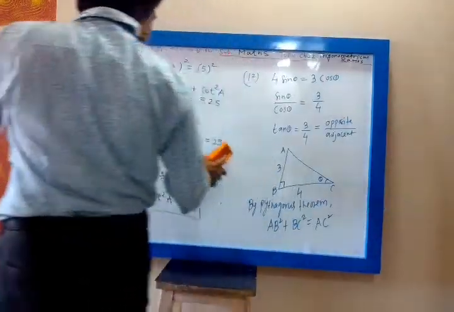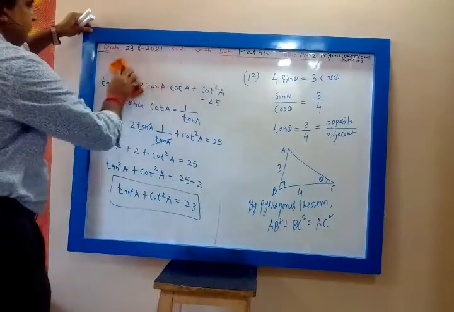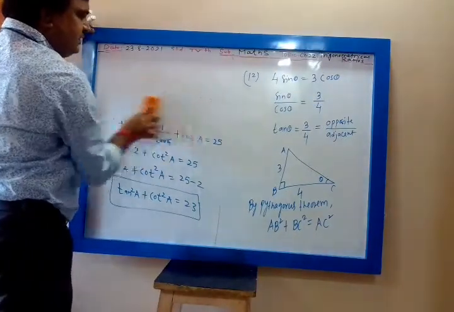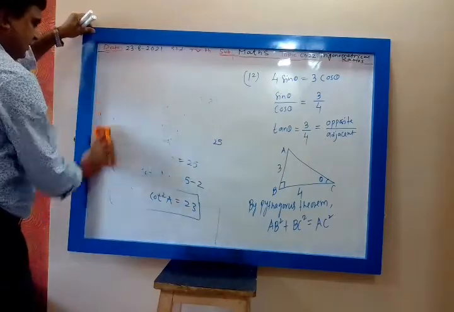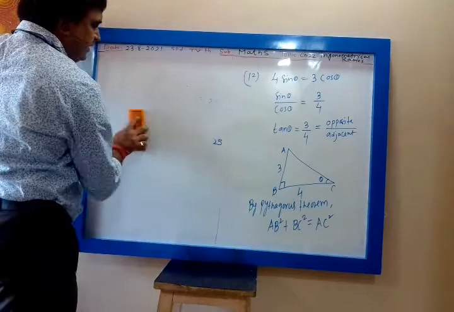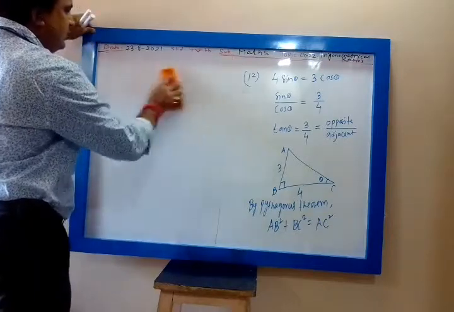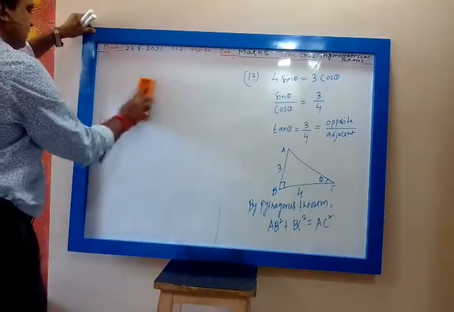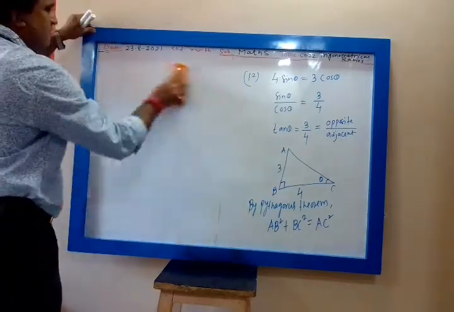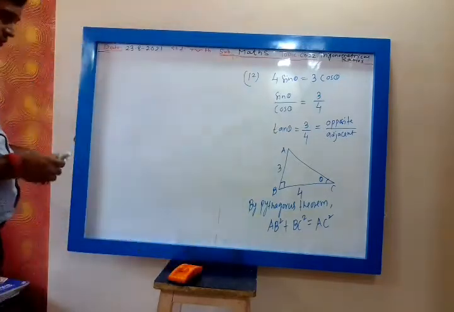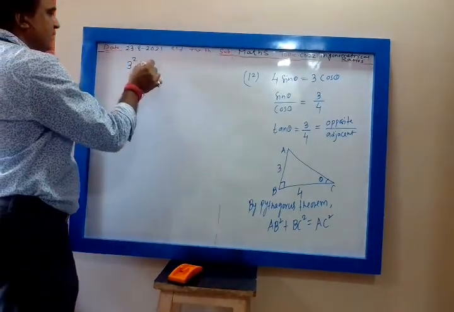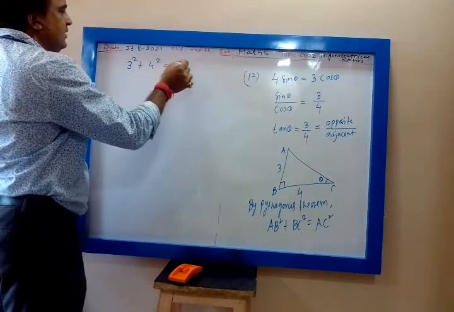How much is AB? AB is 3. So 3 square plus 4 square is equal to AC square.